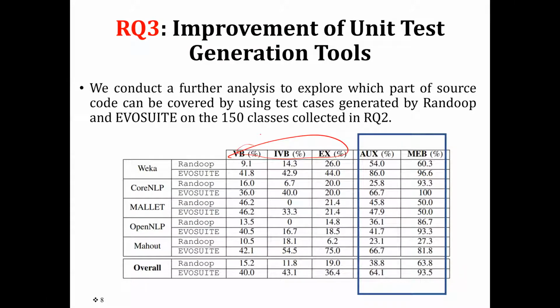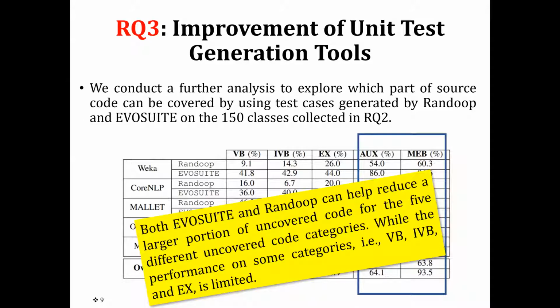So, for example, on Mallet and OpenLP, the improvement from Randoop is 0. So we can say that both EVOSUITE and Randoop can help reduce a large portion of uncovered code for the 5 different categories, while the performance on some categories is limited.